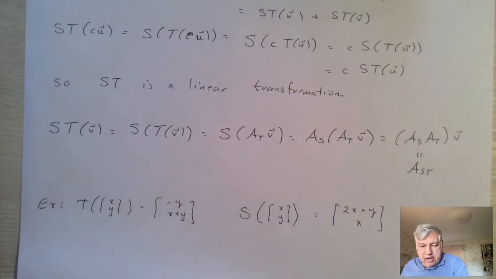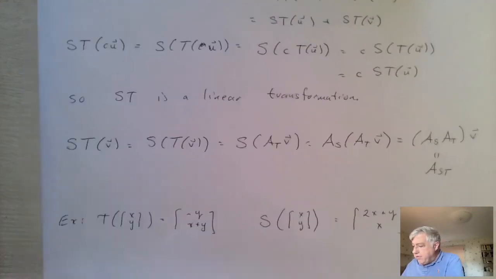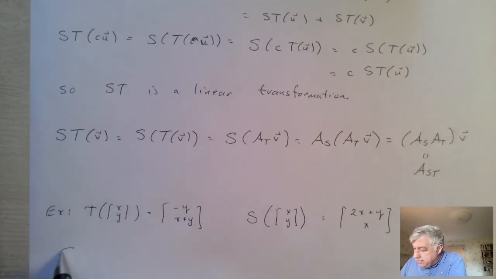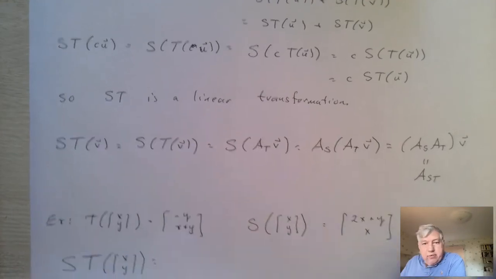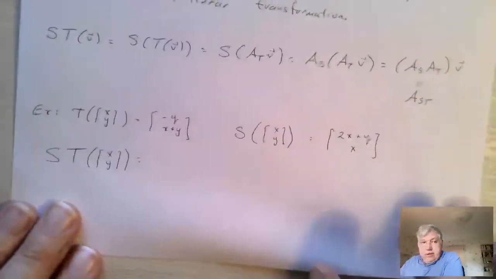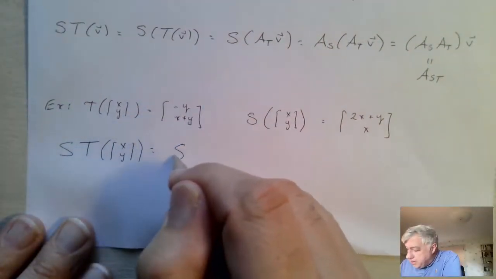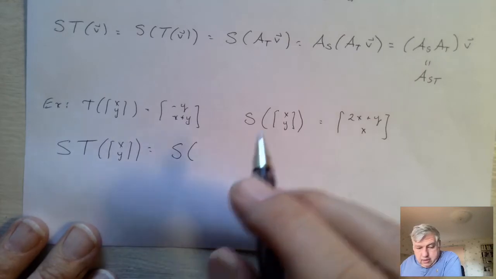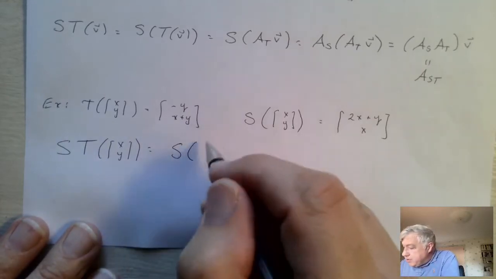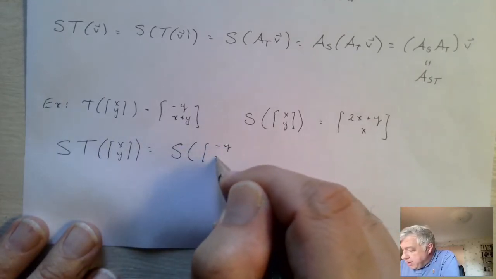Let's compute the composition two different ways. If we compute it directly, ST of x, y would be S of T of x, y, which is S of minus y, x plus y.